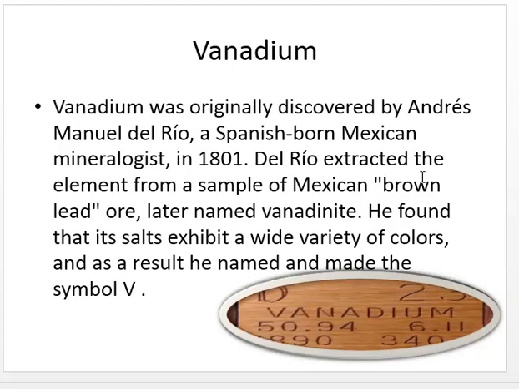Vanadium was originally discovered by Andres Manuel del Rio, a Spanish-born Mexican mineralogist, in 1801.